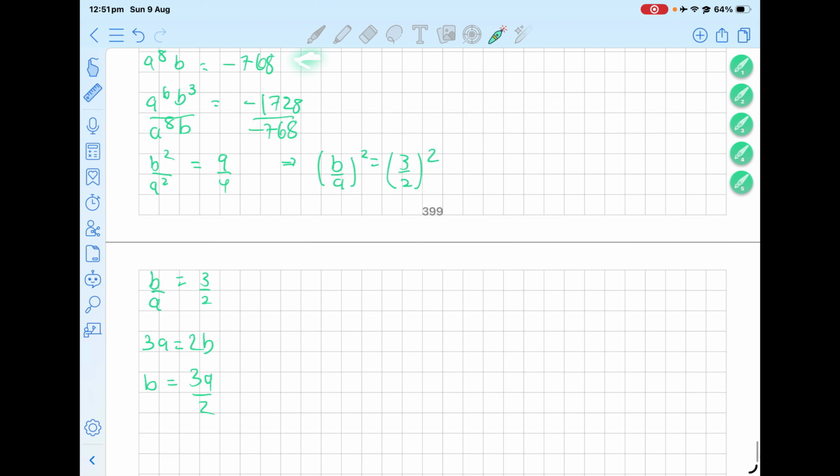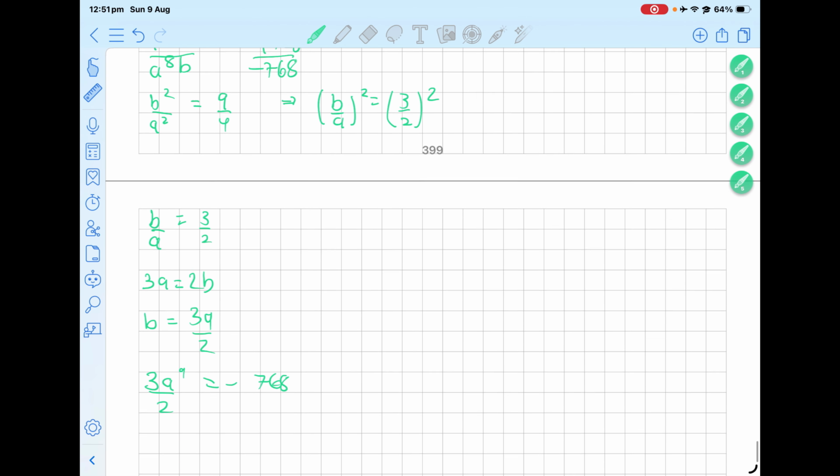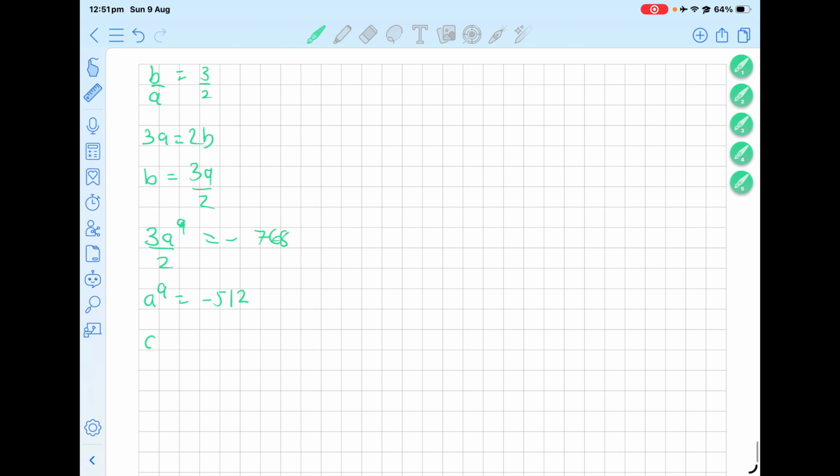So a times (3a over 2) is minus 768, I think. Let me check. Yeah, so a to the 9 is going to be minus 768 multiplied by 2 over 3, so minus 512, and then a is going to be minus 2, since minus 2 to the 9 is minus 512.